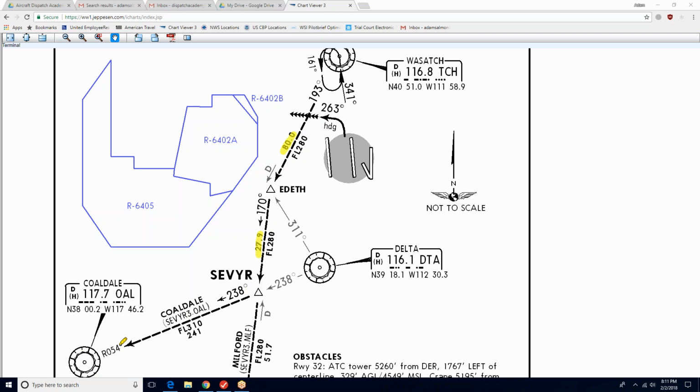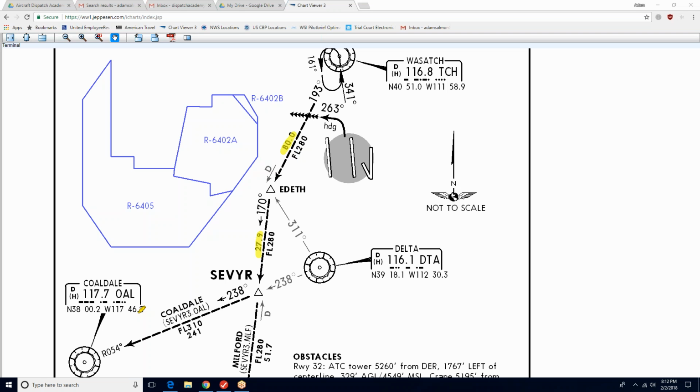That one instruction avoids ATC having to come on and say, turn left heading 263 here, then turn left heading 193 here, climb to flight level 280. This eliminates probably 10 different conversations between ATC and the pilot. So when we're talking about how it reduces the workload, that's why. Does that make sense to everybody? Yes, sir, it does.